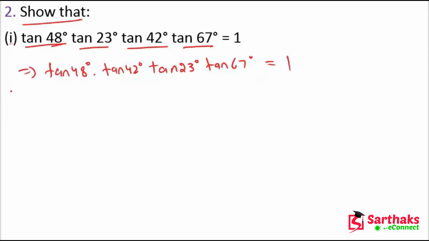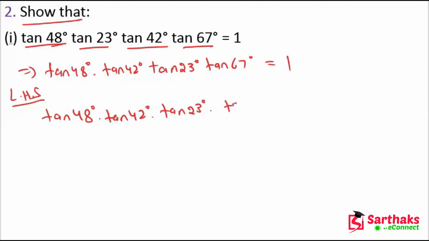Now take the LHS. We have tan 48 degree, tan 42 degree, tan 23 degree and tan 67 degree. Understand? Yes.